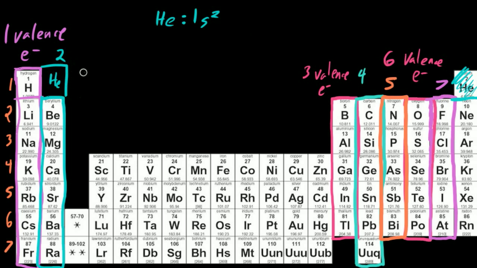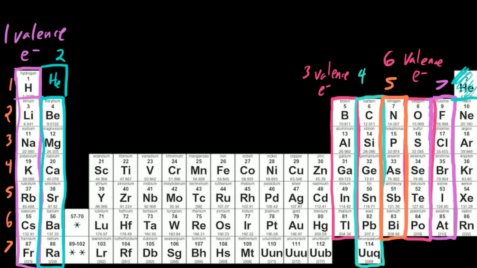That's why we put helium over here in our S block, or it's one of the reasons we put helium over here in our S block when we were doing electron configurations. What we're hopefully going to find in this video is that helium does have very similar properties to our noble gases, and hopefully I'll be able to let you know in this video why that is, and if not this video, it'll be probably in the next video.